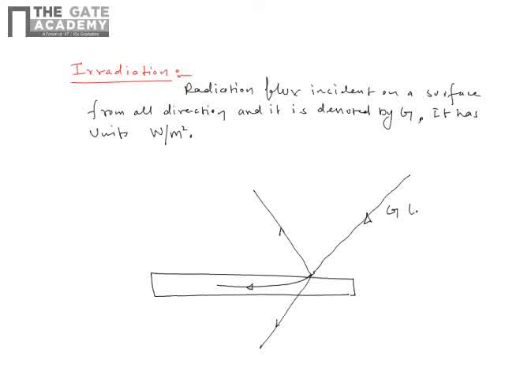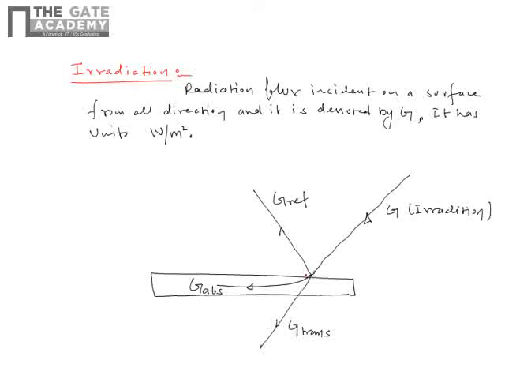So G is the irradiation falling on the surface. This is the irradiation transmitted through. This is the irradiation absorbed by the surface, and this is irradiation reflected by the surface.